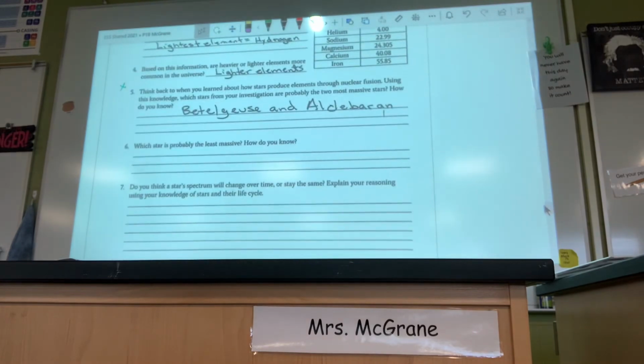All right, so the least massive star would then be the sun, because it has the lightest elements. This means it equals less matter, and matter makes mass. Up here, how do you know for Betelgeuse, it has the most massive elements.